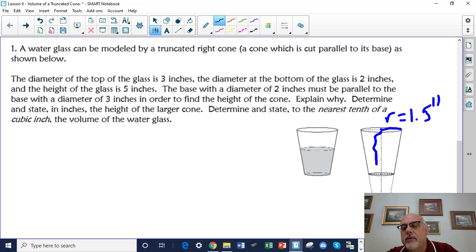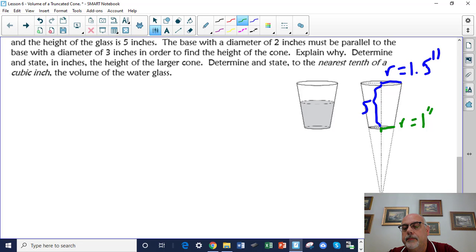So this is 5. The base has a diameter of 2. Has to be parallel to the base diameter of 3, otherwise the glass will topple over, right? So then the radius here is 1, okay?